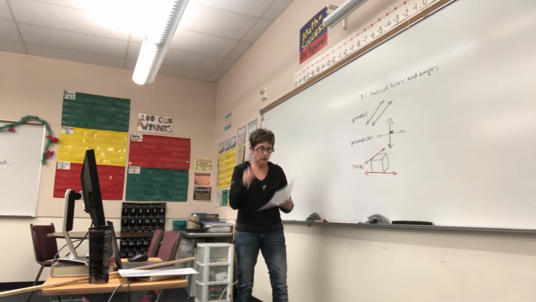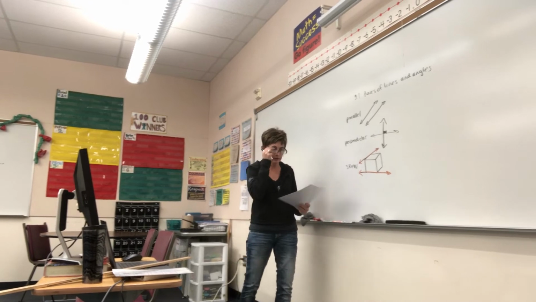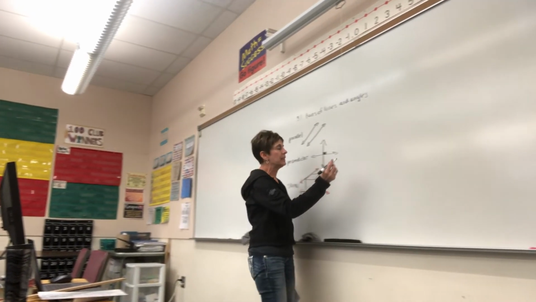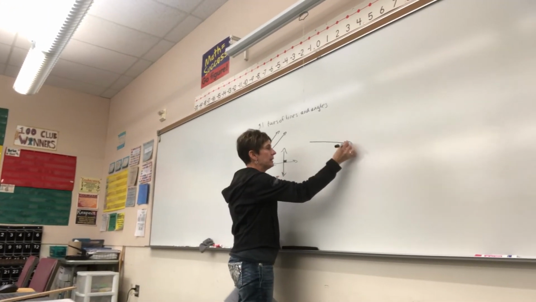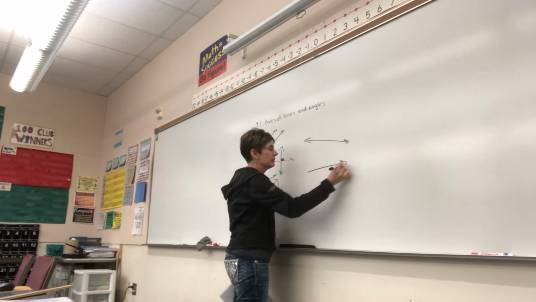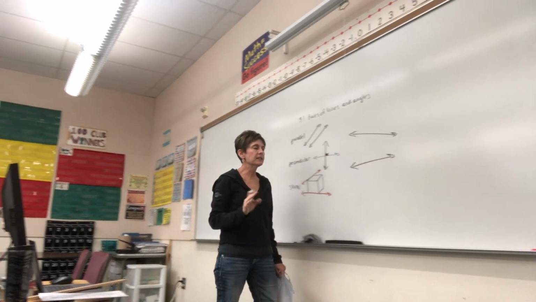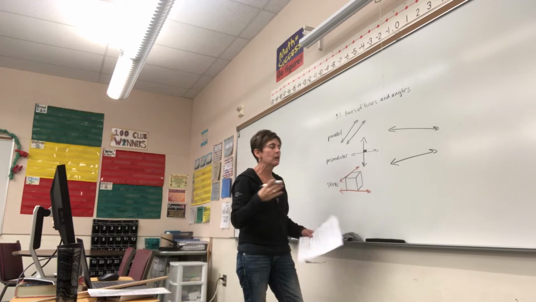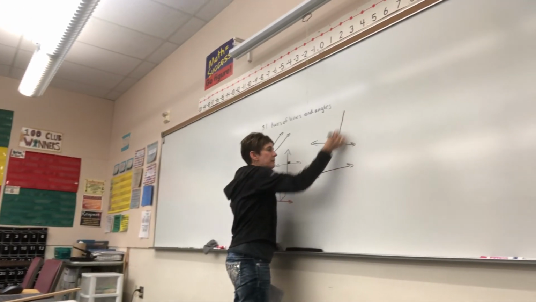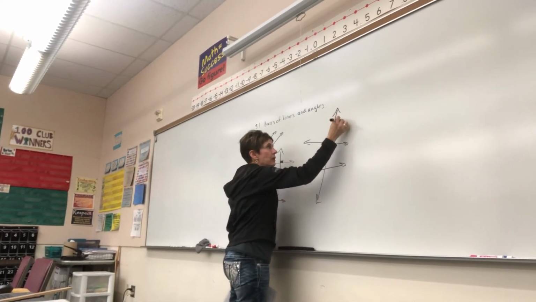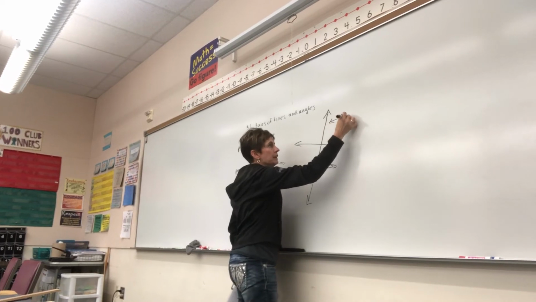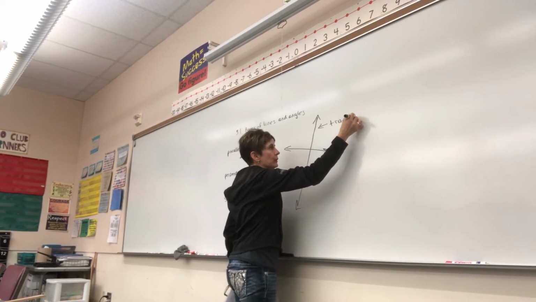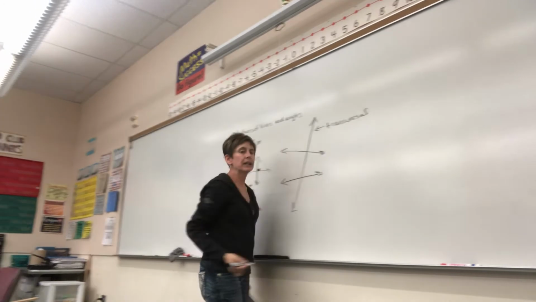Now, there is a whole other universe of kind of angle line relationships, and that is where we have 2 lines that it doesn't really matter whether they're parallel or not, but they're crossed by another line. We call this other line the transversal.